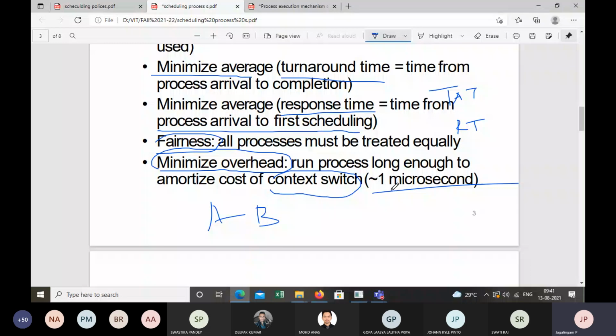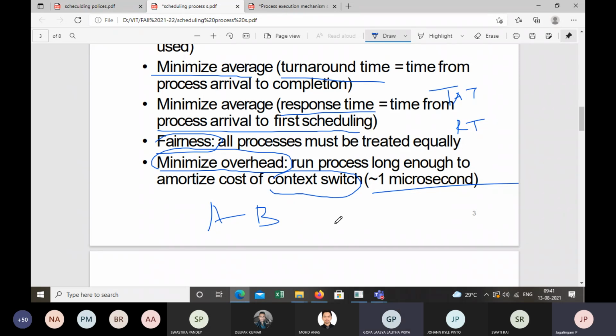So therefore, we want the process to run for a long enough period, right? Therefore we try to minimize overhead. If you run the process for a longer period of time, we avoid the context switch, and therefore the execution time gets reduced.